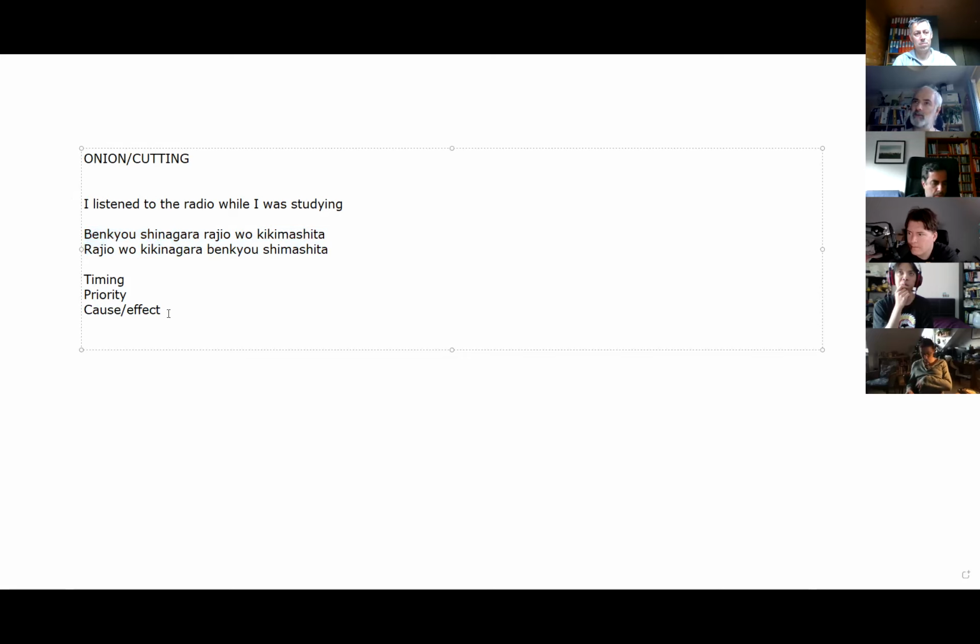It's the cause and effect one which has the biggest impact on the order. And that would be something like this onion cutting one, which is important to not switch around. If you switch the other two around, it doesn't impact the meaning of the sentence that much. But for example, negi o kirinagara nakimashita is this cause and effect example.